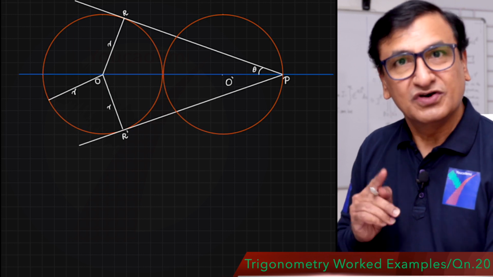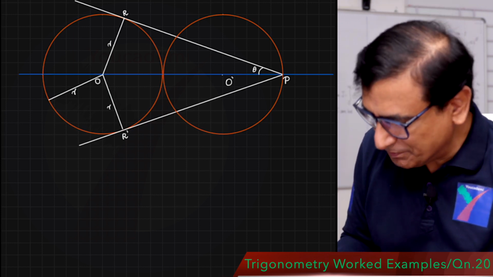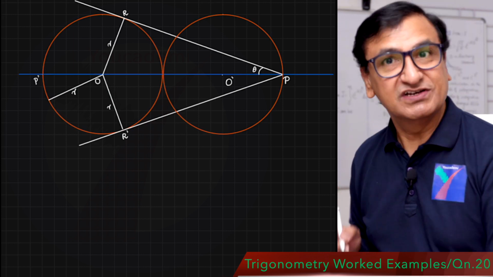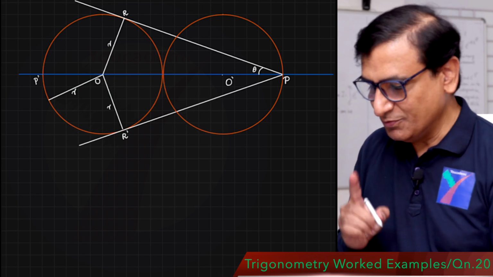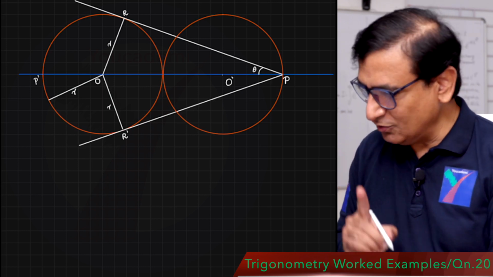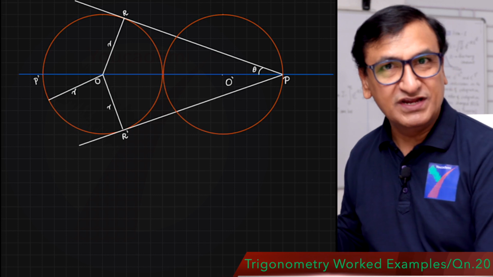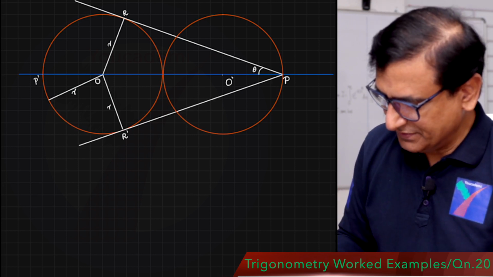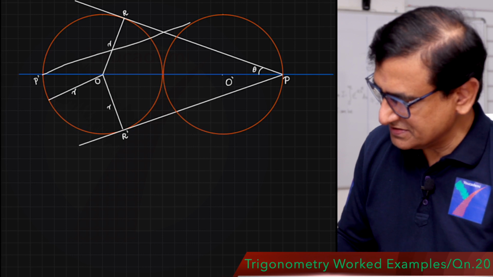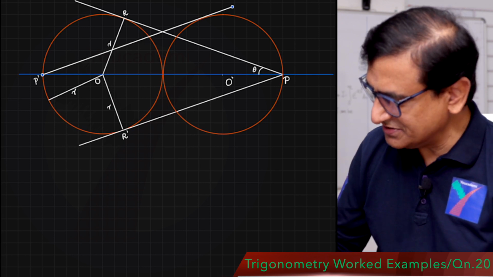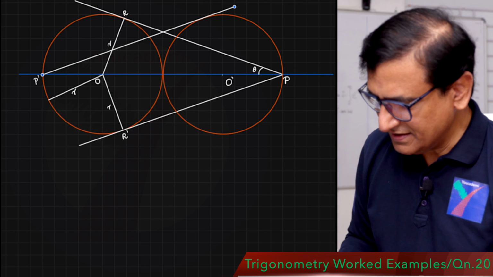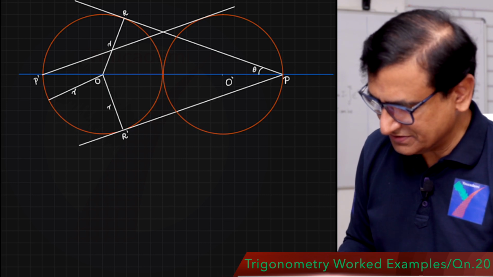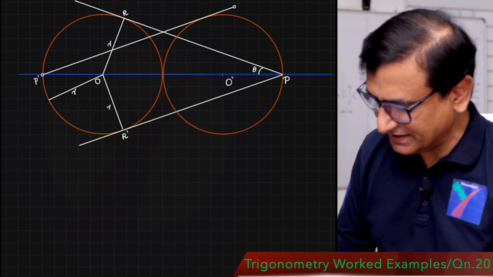I am going to draw two tangents from point P prime to circle O prime. Remember, P prime, P, O prime, they all lie on a straight line. So this is our next pair of tangents. This is one tangent. Then I'm going to draw another tangent. Let me adjust this properly, precisely.